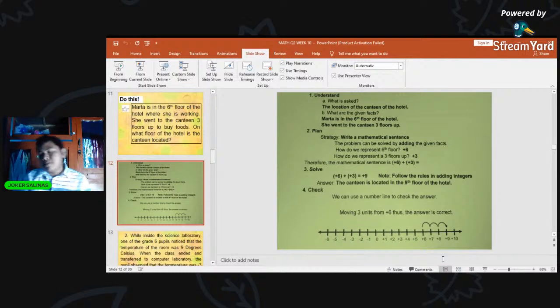You may give your answers. What is the correct answer? Okay, write your answer in your notebook. Note, if all your answers are correct, you can now proceed to the next activity. But if your answers are not correct, you cannot proceed to our next activity.